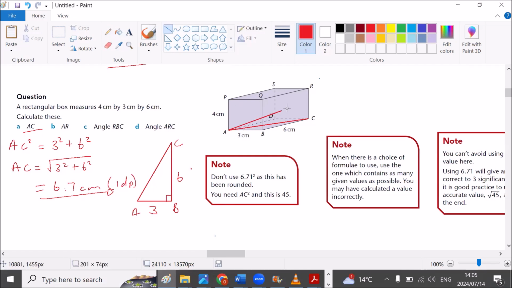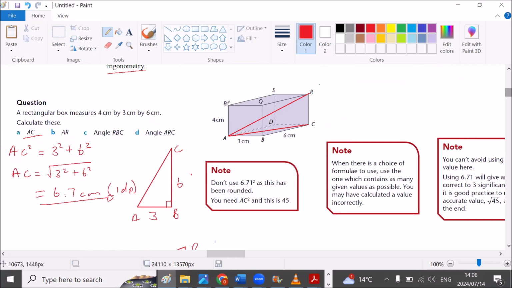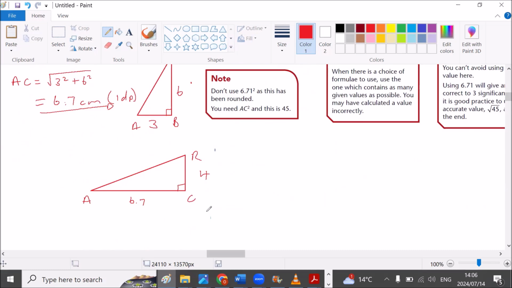AR, which is here, A to R, is on triangle ACR, which has a right angle at C. So if we have triangle ACR, AC is 6.7, CR is the height here, which is the same as AP, which is 4, and a right angle at C. AR is the hypotenuse, so AR squared is equal to 6.7 squared plus 4 squared.